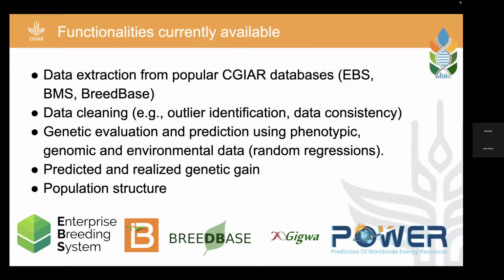And of course, the core of biometrical genetics, which breeding organizations need support with, is genetic evaluation and predictions using phenotypic, genotypic, and environmental data, currently using random regressions with popular mixed model machinery. But we have also enabled some modules on KPIs and metrics, like predicted and realized genetic gain, and some other things that people can find useful, like population structure.